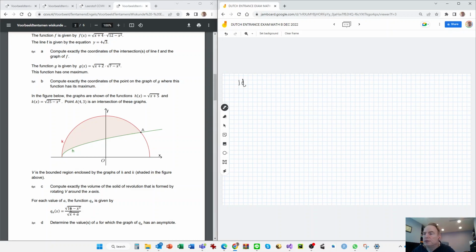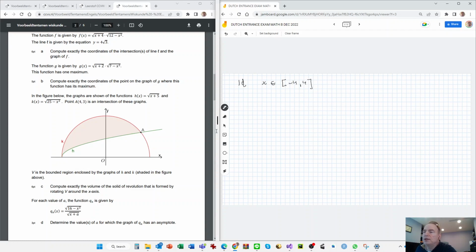Well, because of the square root of 16 minus x squared, we already know the domain is, if you ignore the denominator now, from minus 4 to 4. So we don't need to look at horizontal or oblique asymptotes, since they concern x going to minus or plus infinity.